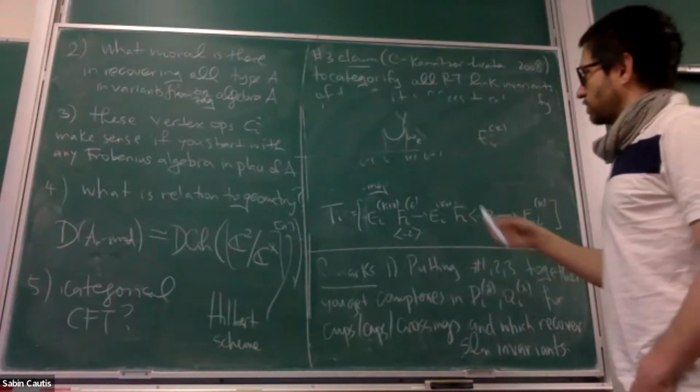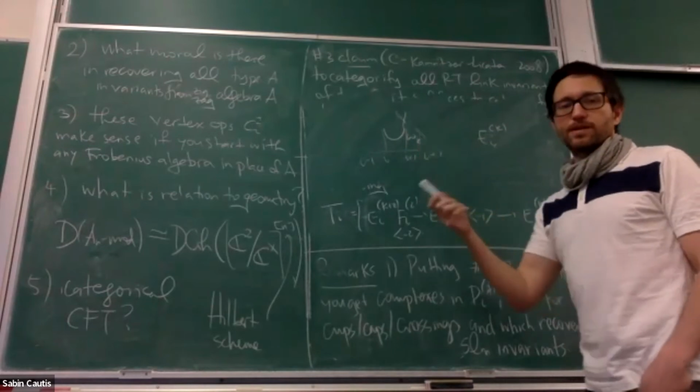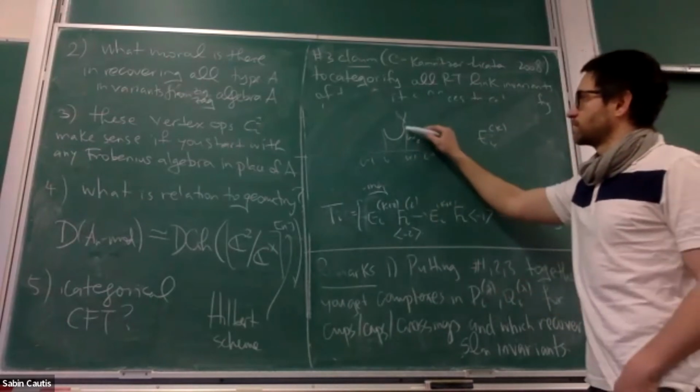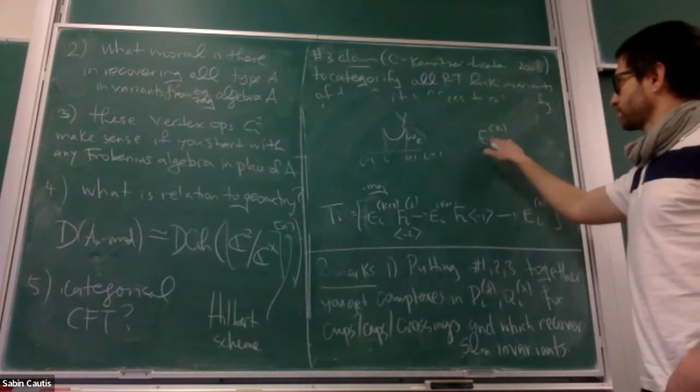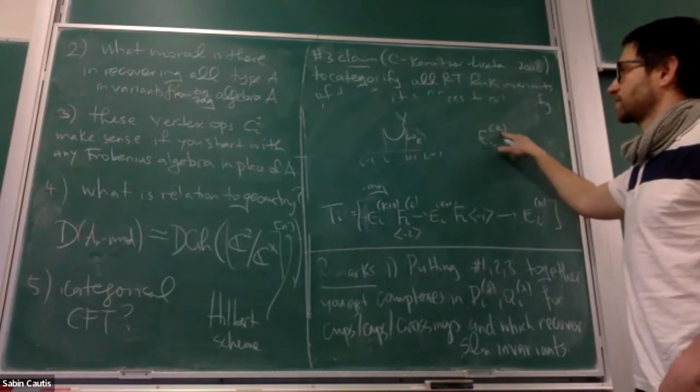So if you want the elementary colors, the colors corresponding to the fundamental representations, you color this by using the appropriate E_i and E_i to the k.